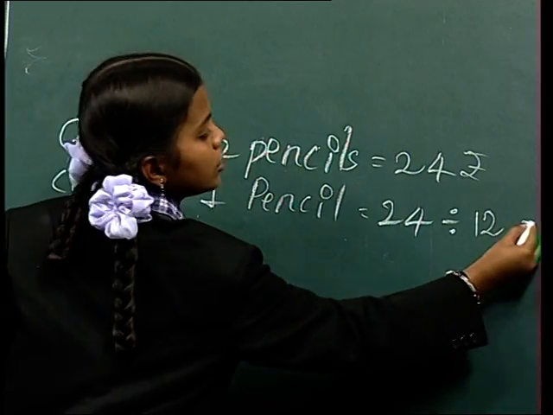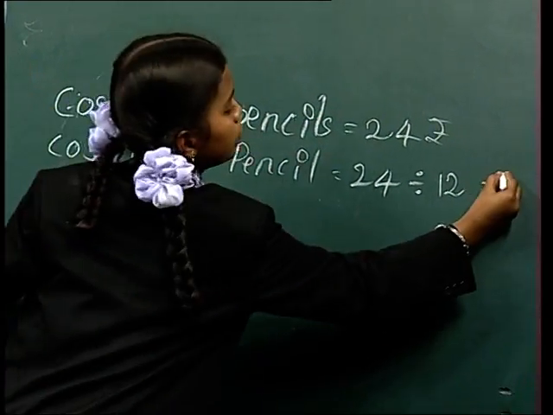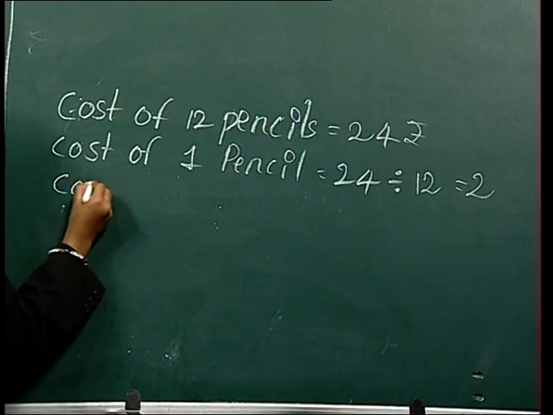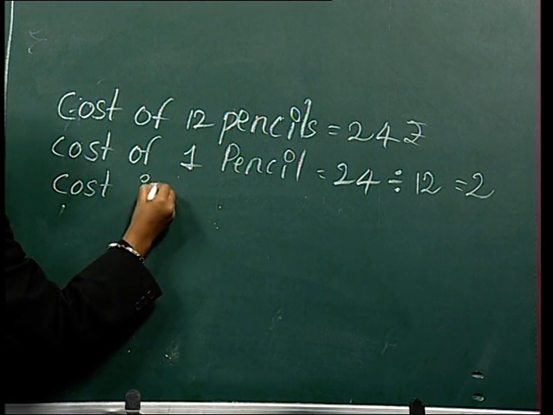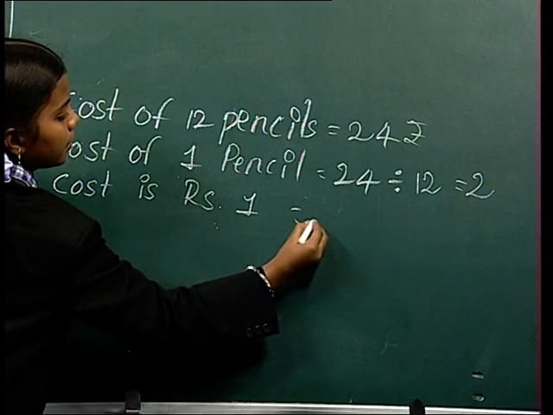So, 24 divided by 12 is equal to 2. So, each pencil costs 2 rupees.